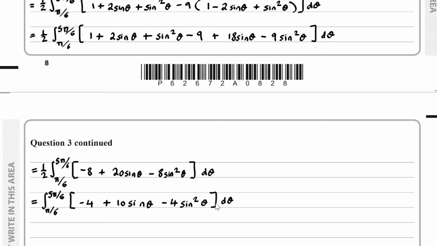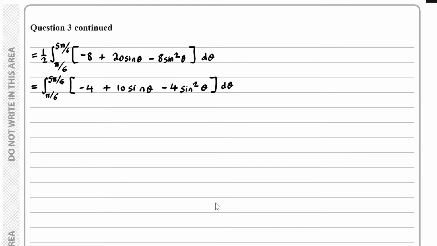with respect to theta. And for us to integrate sine squared, we would have to recognize over here that cos of 2a, that's equivalent to 1 minus 2 sine squared a, and therefore sine squared a, that's going to be equivalent to 1/2 lots of 1 minus cos of 2a.